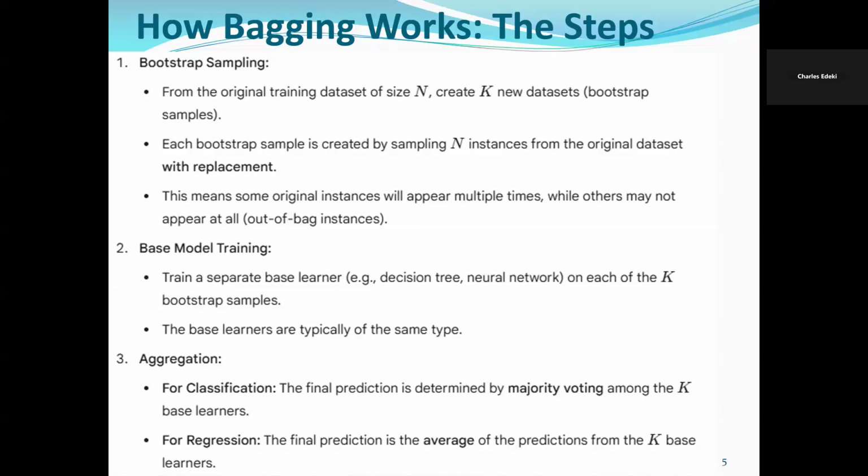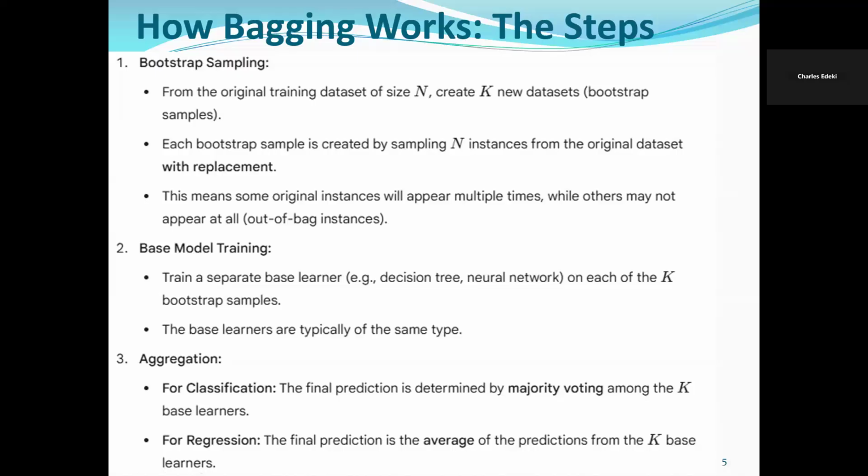Let's assume we have an original training data set, let's say D, and the size is N. I'm going to make an example here. Let's say we are going to generate around 100 new training data sets from the whole training data set.